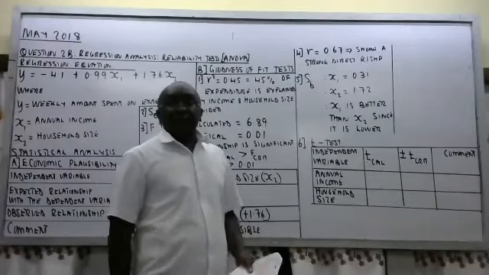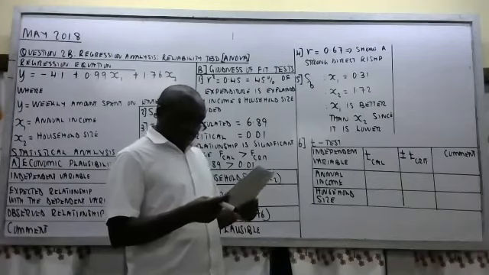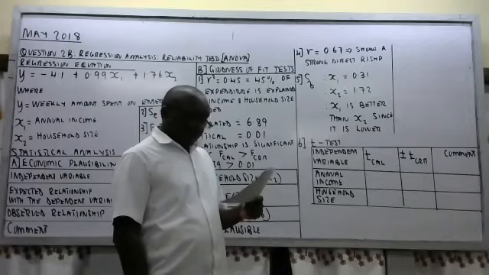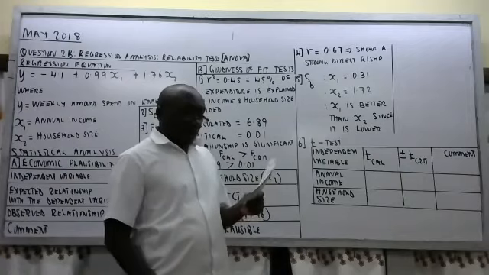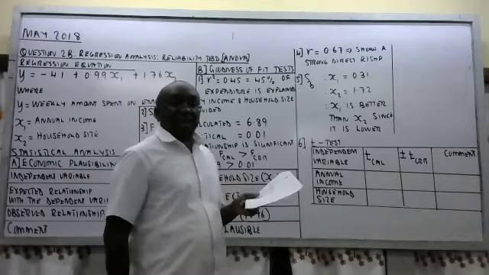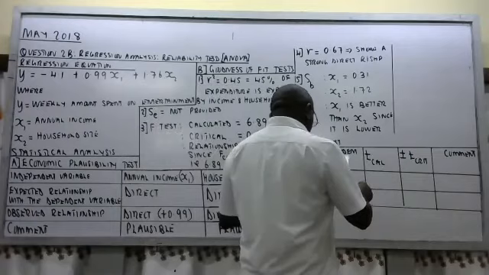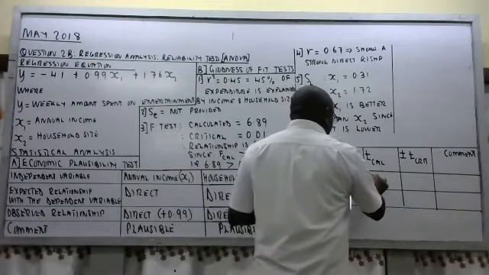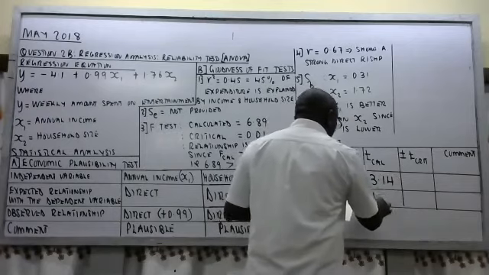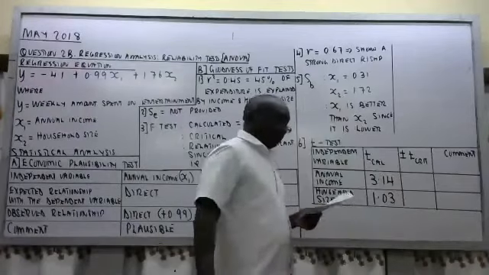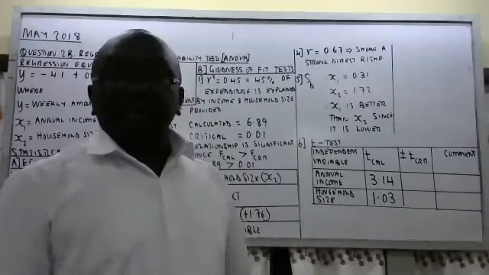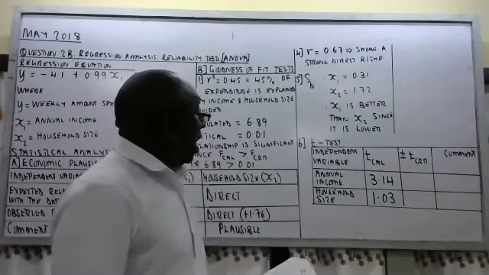So sasa, the T calculated is what in this table, naona kumeandikwa T start. Those are the T calculated. So for the income, it is 3.14. And for huyu mwingine, it is 1.03. I hope everyone is able to read those values.